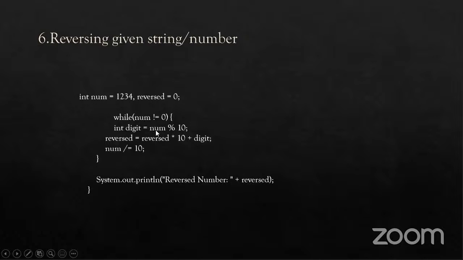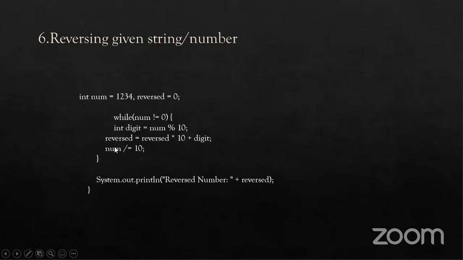And num not equal to 0? Yes, num is not equal to 0. And inside digit it is 1, right? So again it will compute 432 into 10 plus digit, that is 4320 plus 1, which is 4321. Then num by 10 is 0.